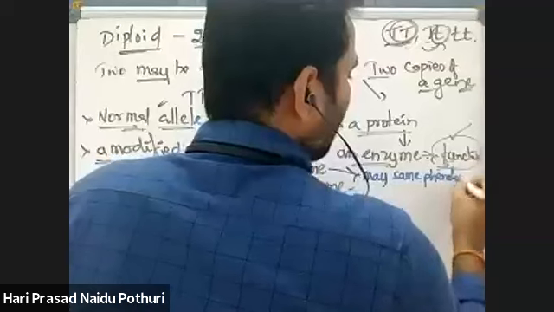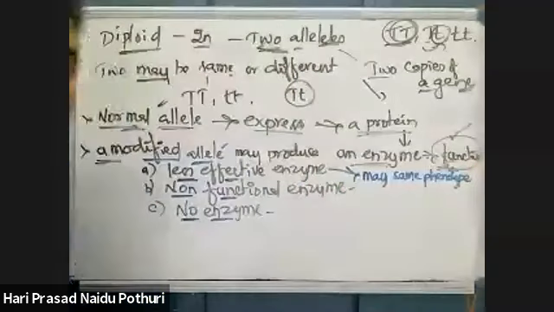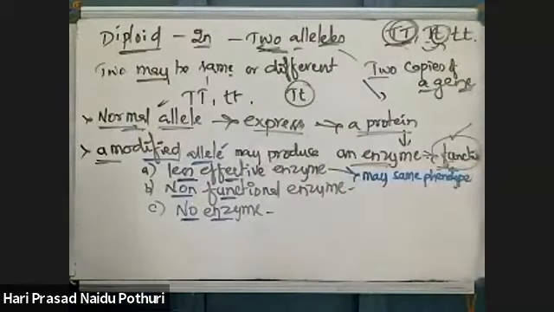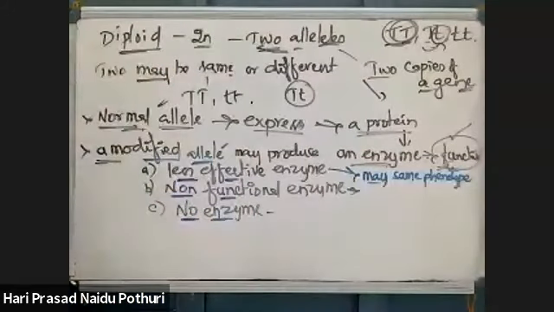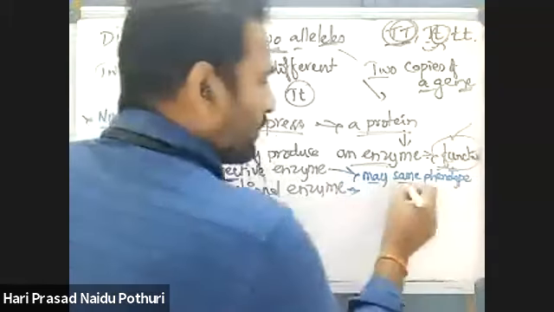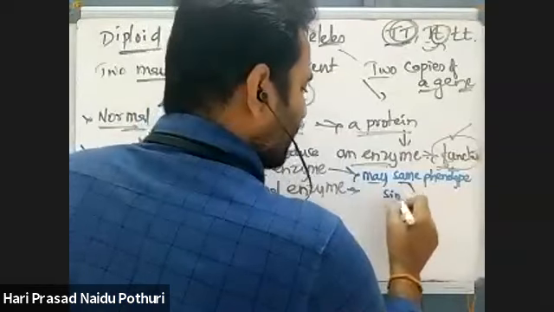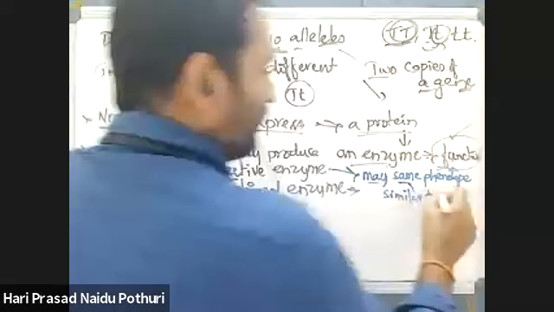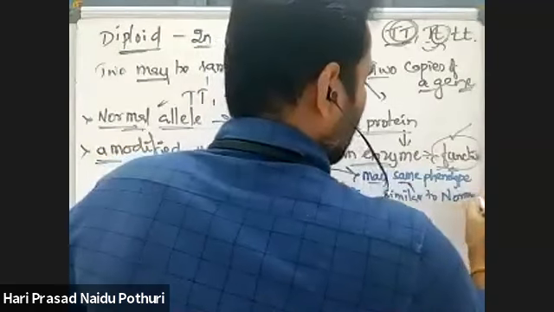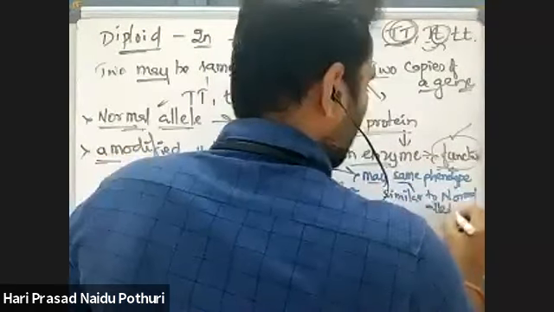Same phenotype can be shown. Even a modified allele may be producing the same phenotype. I mean, same phenotype is produced means it is similar to normal allele. Its function is similar to normal allele.